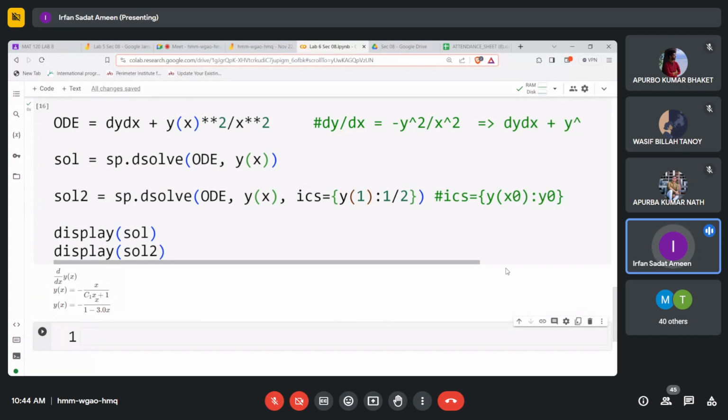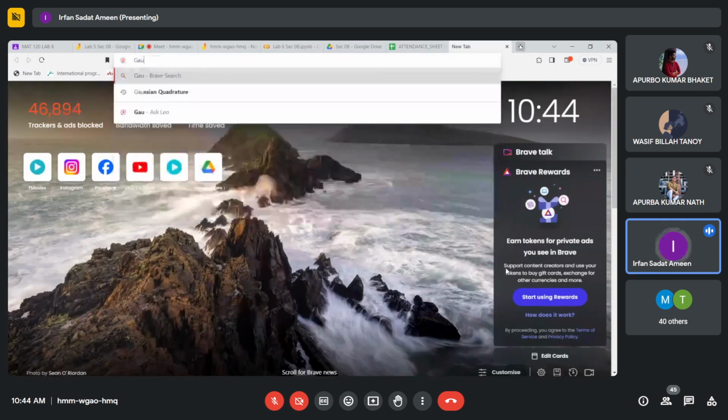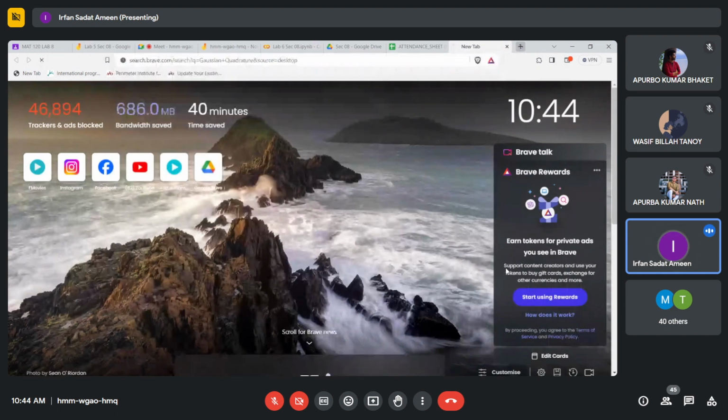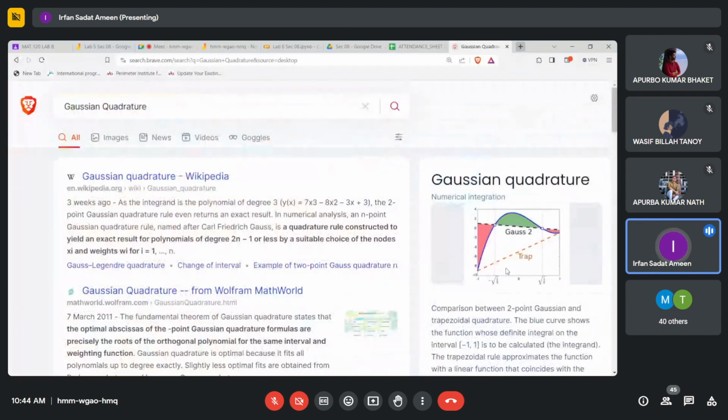Rather, it uses something called the Gaussian quadrature. So if you want to dive into that in future, you can search this. This is not part of this lab course, okay?